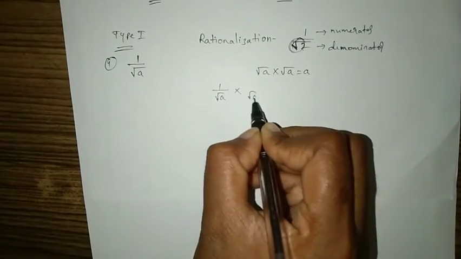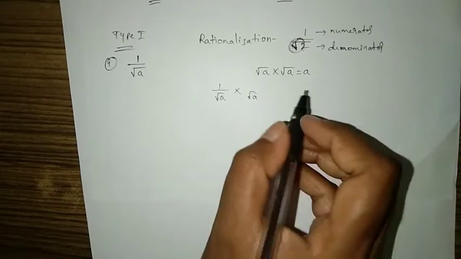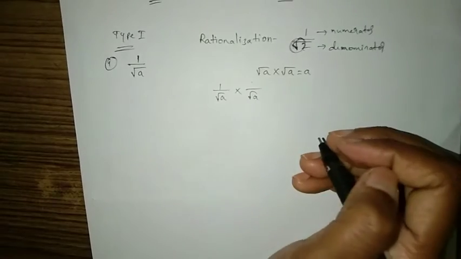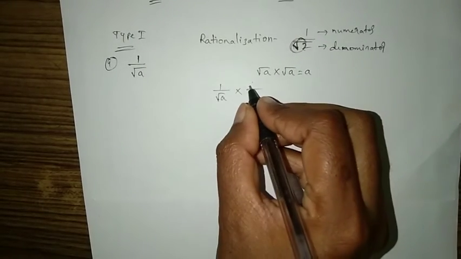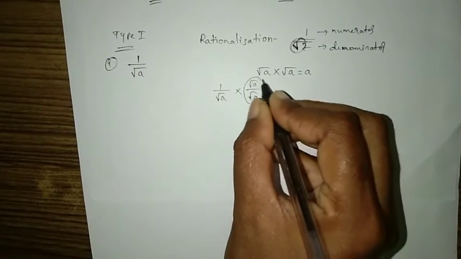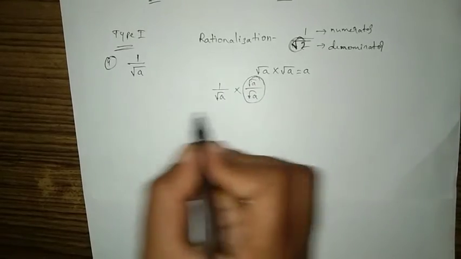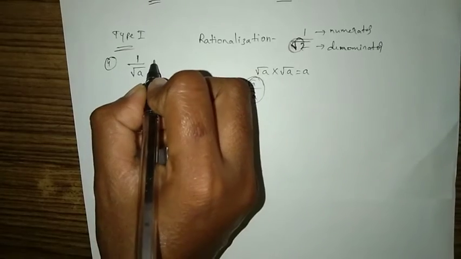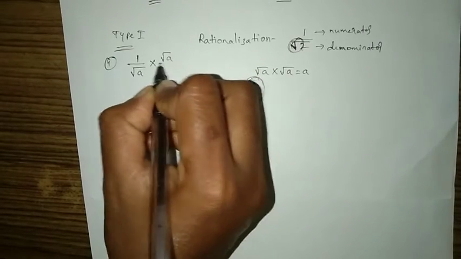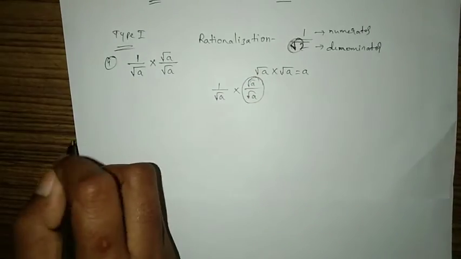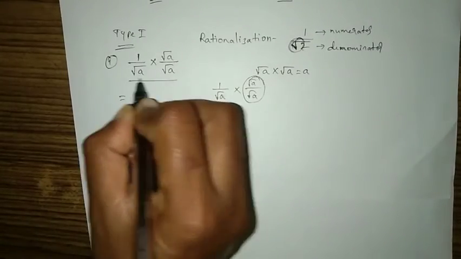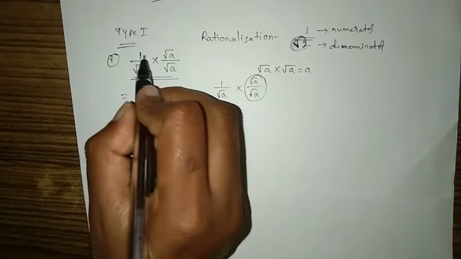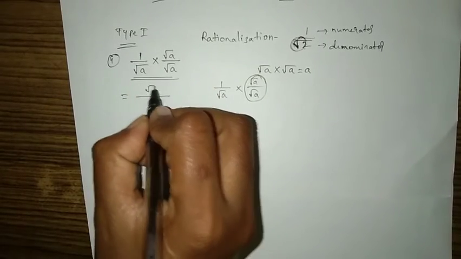Multiply by root a. This never stays equal because the numerator is not having anything. That's why we have to give equal importance to both. So we multiply root a in both the numerator and denominator, that is root a divided by root a. Then what happens? This becomes a, right? So in the numerator 1 into root a becomes root a.